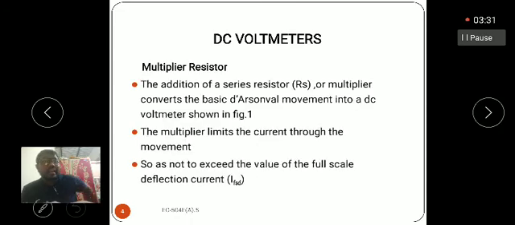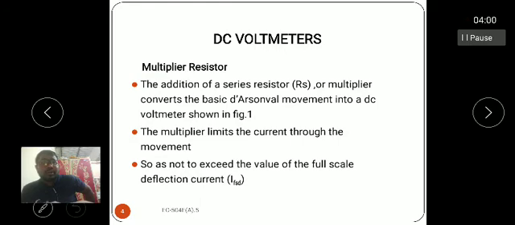The multiplier limits the current through the movement, so as not to exceed the value of the full scale deflection current.